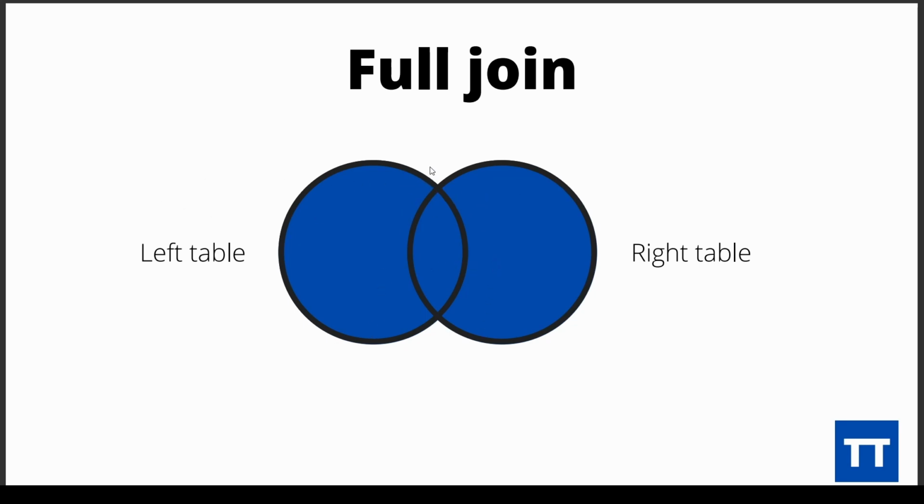These are the rows where the values in the join condition or join criteria are found in the left and in the right table. So this is the inner join. And then we have a right join part, or not exactly right join part, but we also have the third group, which are the rows from the right table where the values in the join condition column were not found in the left table.